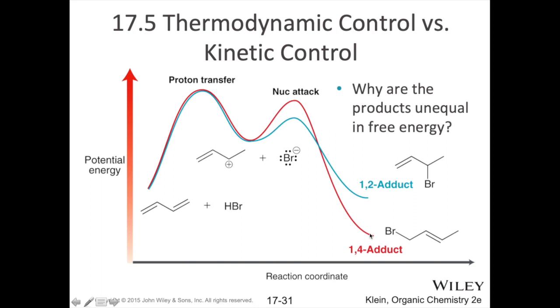Okay, so you want to think about the difference between kinetic versus thermodynamic product here. So ask yourself, is our 1,2 adduct the kinetic or the thermodynamic product? And what about the 1,4 adduct? Notice that we have a lower energy transition state for the 1,2 adduct. So that's our kinetic product. Whereas the 1,4 adduct has a lower potential energy, so it's more stable thermodynamically.